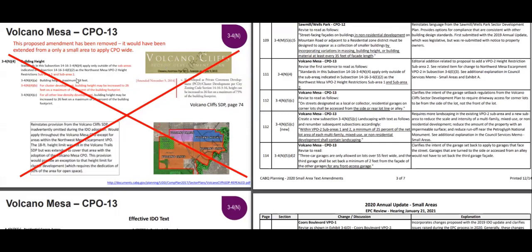So these other building height limitations still apply. The reason for this change is that it's an editorial addition related to the proposal to add a second VPO-2 height restriction sub area 2. See a related item for the change to the VPO-2 in subsection 3.6E3. There's additional information in the Council Services Memo, Small Areas, and Exhibit A, also in their presentation.